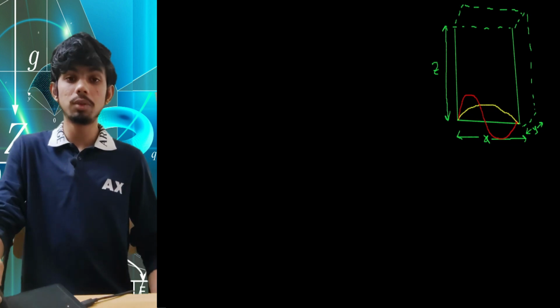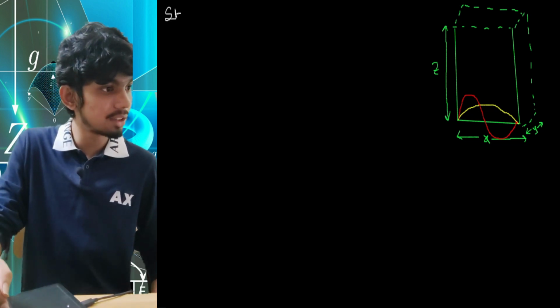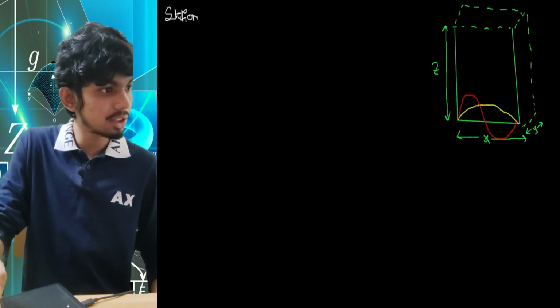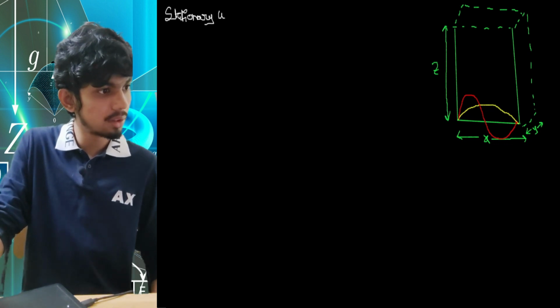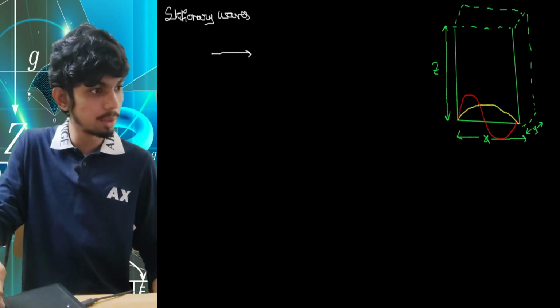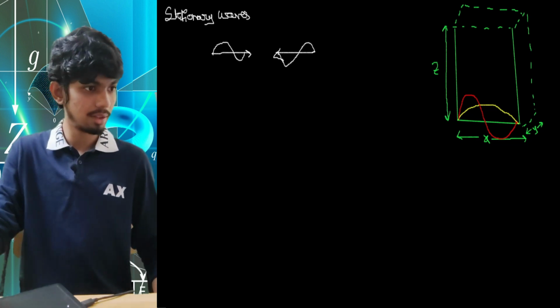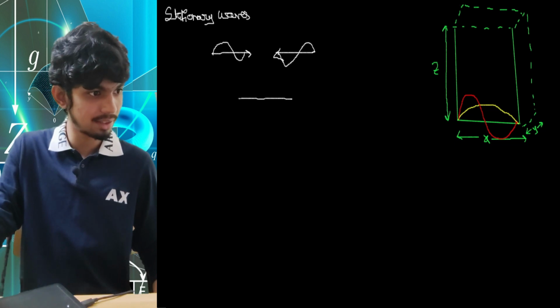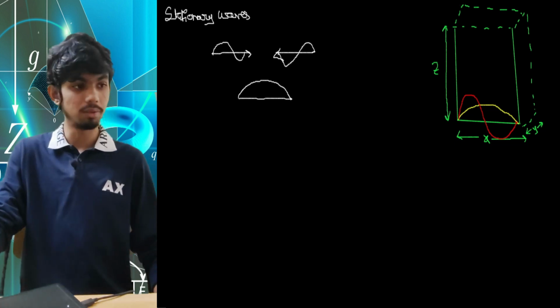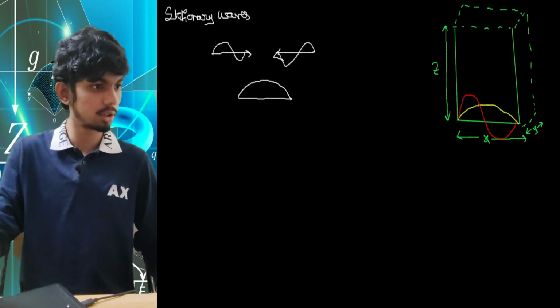If you do, then I'm sure you will perfectly notice that these waves are nothing but stationary waves. Stationary waves are created when you have two similar waves which are coming anti-parallel to each other, then you will get something like this, which is a stationary wave, right? So we have stationary wave formation within this box.